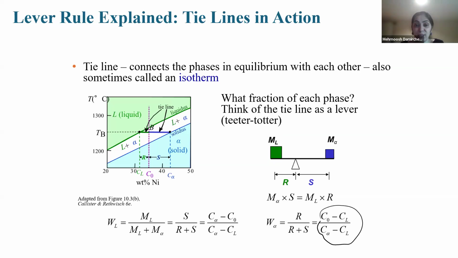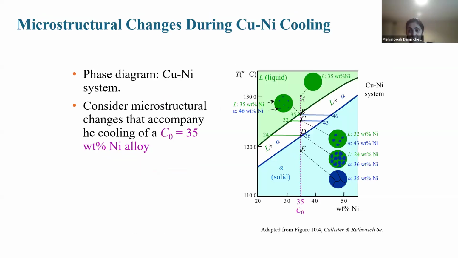And here you see the lever, what fractions of each phase. Think of the tie line as a lever, which means that the moments are equal: M alpha times S equals ML times R, and we reach this equation.